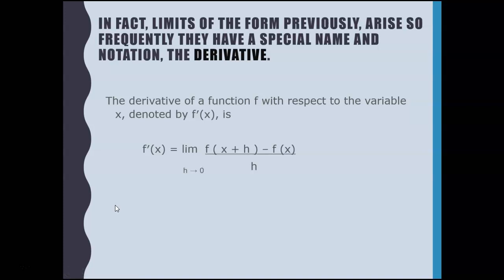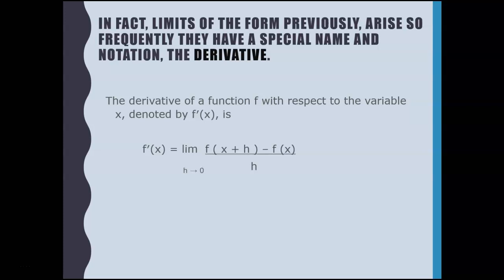In fact, limits of the form previously talked about in Chapter 2 arise so frequently in calculus that we call them the derivative.